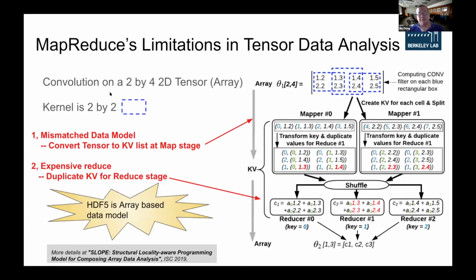But MapReduce has its own limitation in tensor data analysis. As we all know, everyone nowadays is talking about deep neural networks and convolutional neural networks. Let's take convolution as an example to explain the limitation of MapReduce. Say you have a two-dimensional tensor, and you want to apply a 2x2 convolution kernel on your data.